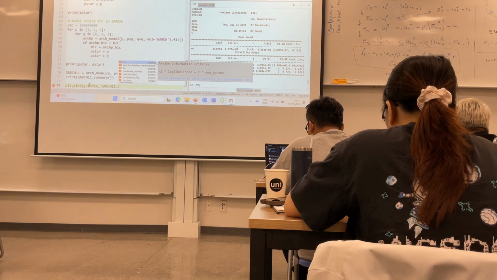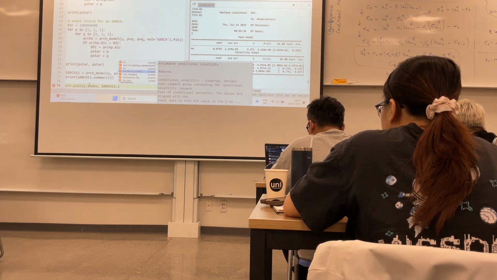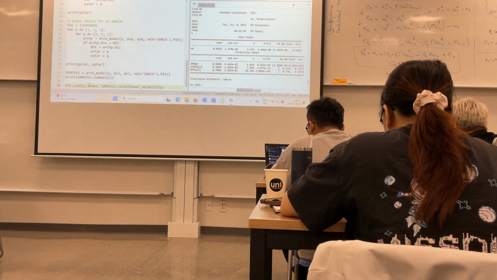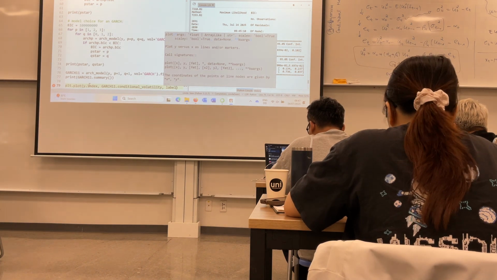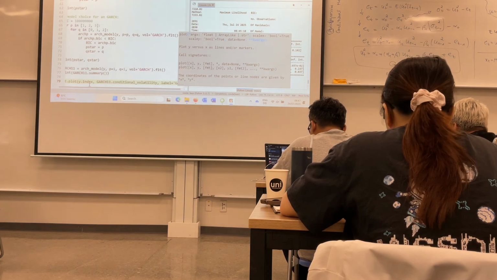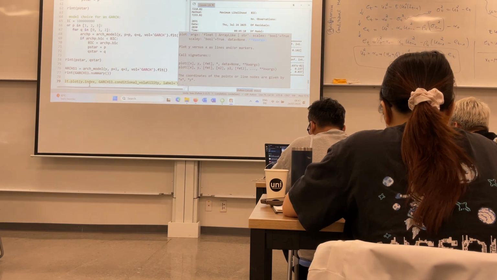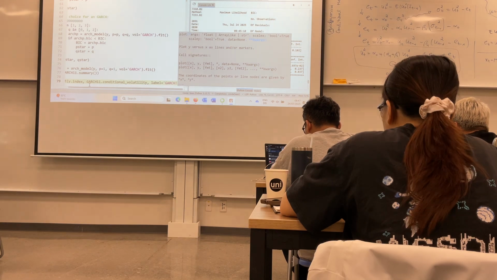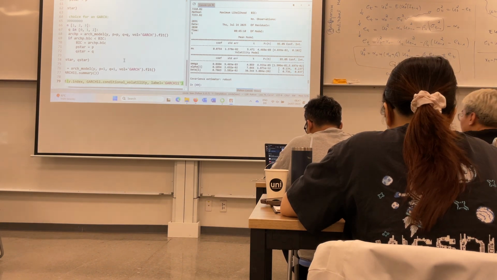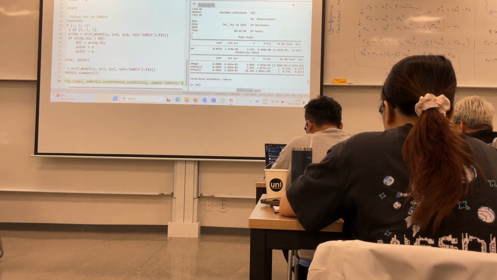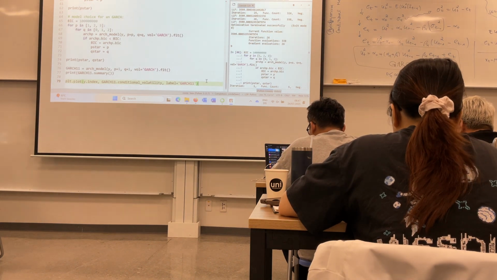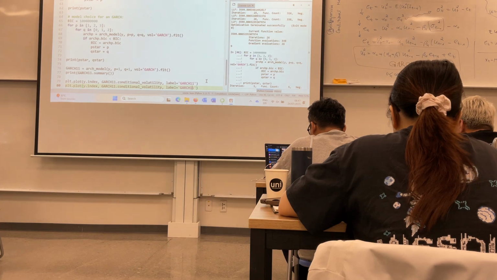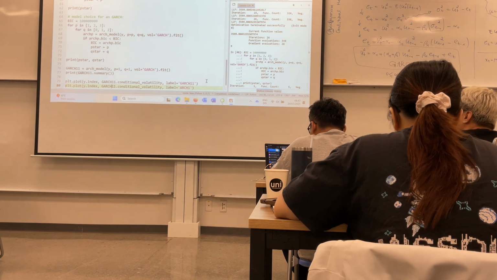So here, then we say conditional volatility. Then we have, say, the volatility. So that is GARCH 1,1. Alright. But let's also maybe look at the others, because we estimated an ARCH 1.